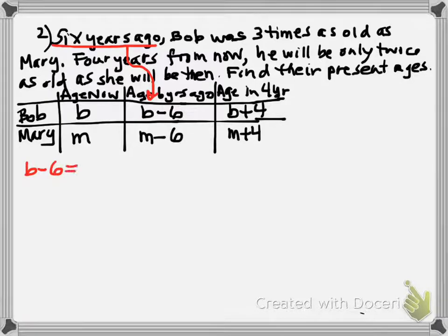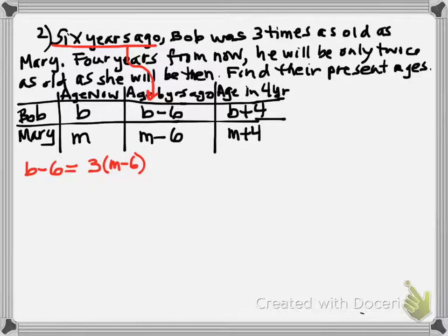Was reinforces it's the past and also tells us equals. And then it says 3 times as old as Mary. Well, 3 times is pretty obvious, but what was Mary 6 years ago? Now, because Mary is a quantity, we need to keep parentheses to keep her quantity together. So our equation for the first sentence is b minus 6 equals 3 times the quantity m minus 6.